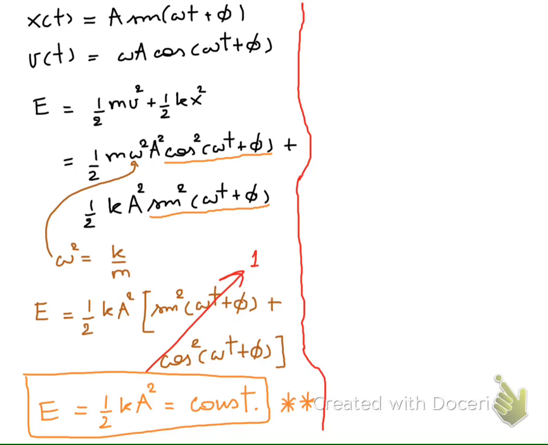You know that the total energy is a constant. E is a constant, and we know that it is equal to 1/2 k a square, and we also know that it is equal to 1/2 m v square plus 1/2 k x square.